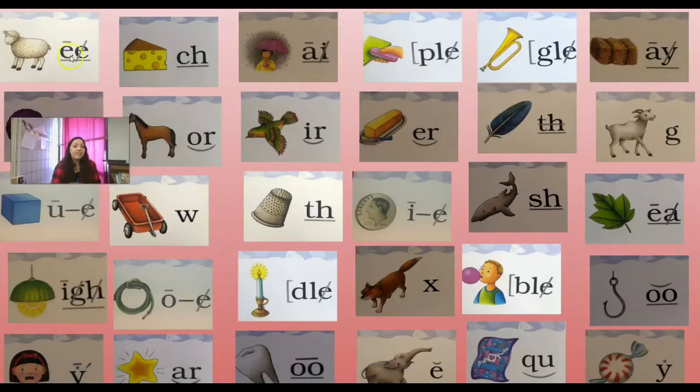All right, so let's look at our sound cards. Are you ready? So we have sheep, E. Digraph EE. Cheese, Ch. Digraph CH. Rain, A. Digraph AI. Staple, pull. Final syllable PLE. Bugle, ghoul. Final syllable GLE. Hay, A. Digraph AY.